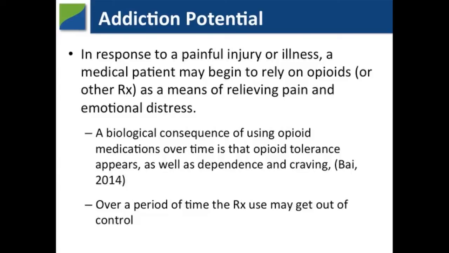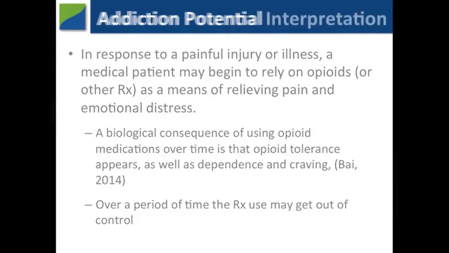Unfortunately, a biological consequence of using some medications like opioids or benzodiazepines and others over a period of time is that the individual becomes tolerant of that substance and then begins to crave it. And over the course of time, the use of this substance may get out of control. And so this patient may not have had a history of addiction, but is at risk for developing a substance use disorder.